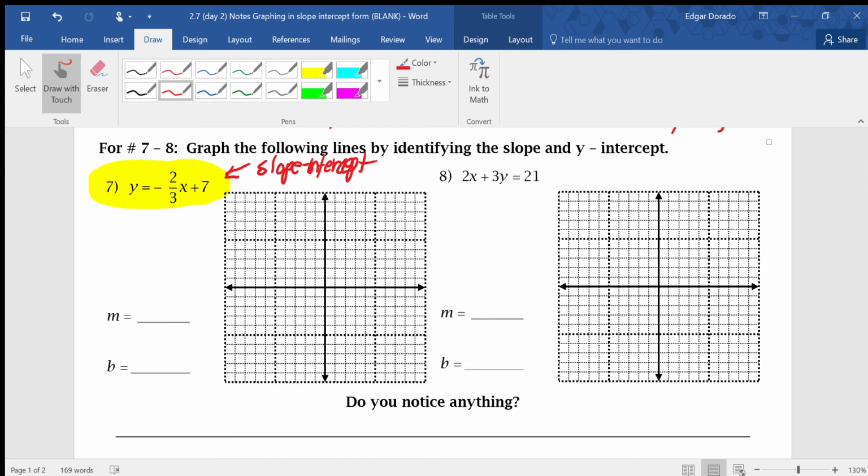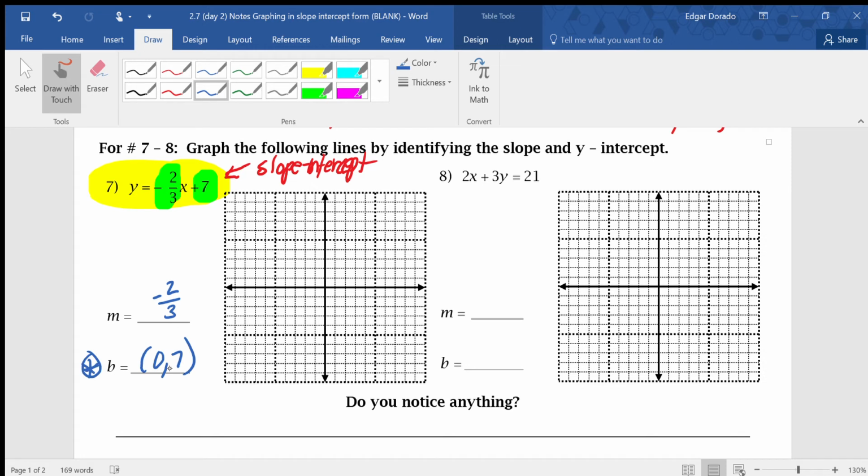Okay, it's in slope-intercept form, so we're able to identify a few things already. We can identify our slope and our y-intercept. Our slope here is -2/3, and our y-intercept is 0, 7. As I mentioned in the last video, I would highly recommend, and this is basically the way you should be doing it, to graph your intercept first.